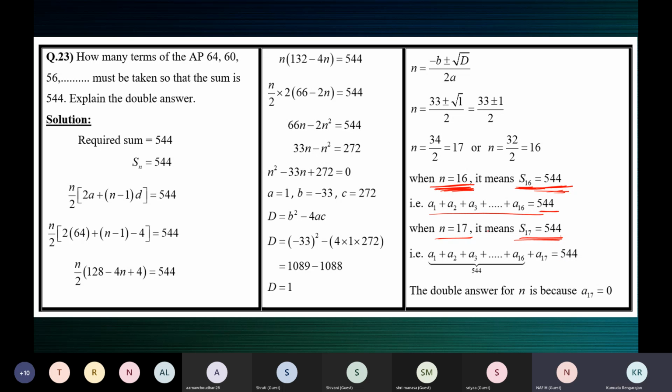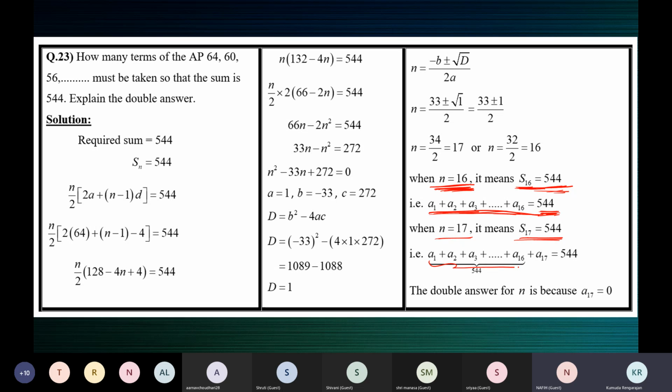But it's the same AP we are working with, right? They're not two different APs. It's the same AP. We already have A1 to A16. We already know that for this AP, the sum of the first 16 terms is 544. So see here, I've used a bracket here.